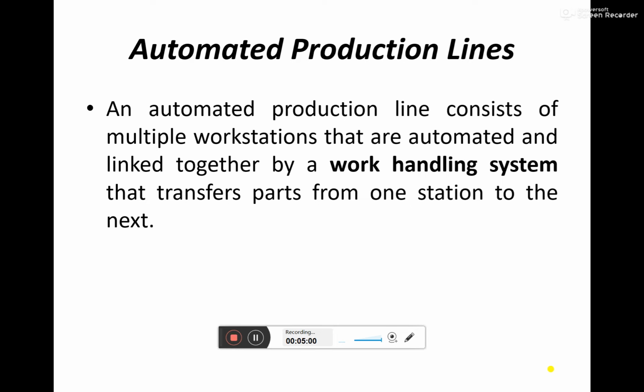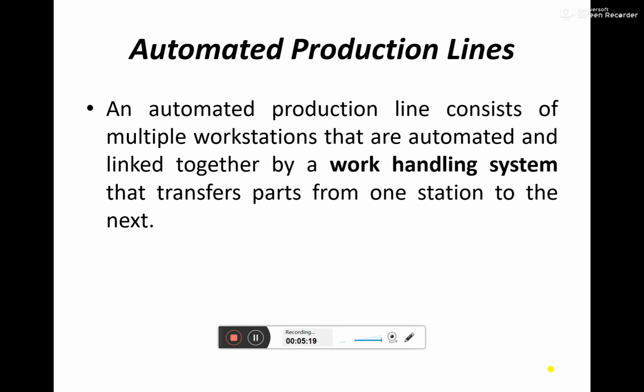So that is the automated production line, where you are producing the product automatically.